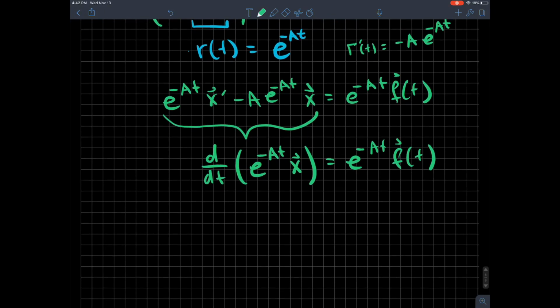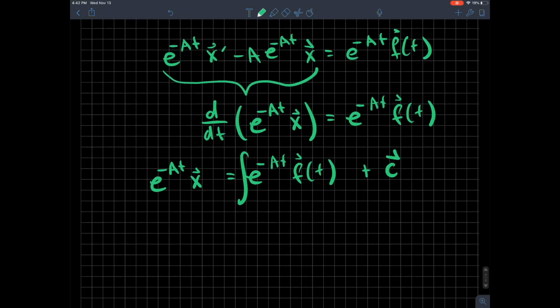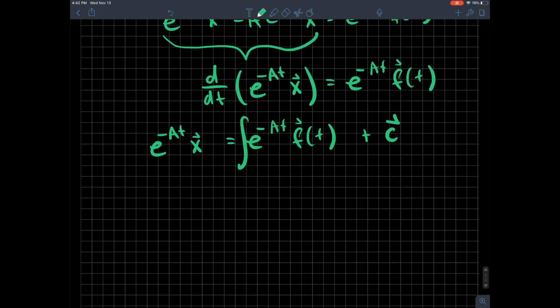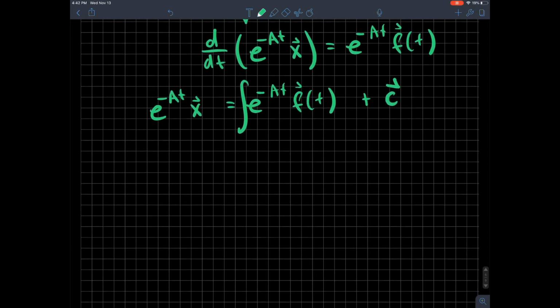We then take the antiderivative, and what we're going to get is what we have here, but with an integral on the right plus a constant vector. What in the world? How do you integrate a matrix term by term? Remember, we defined the derivative of a matrix term by term, so we're going to be integrating term by term.